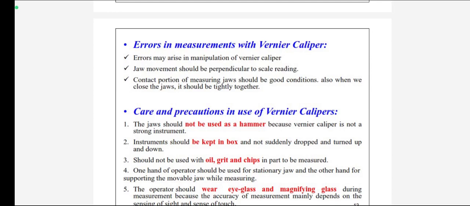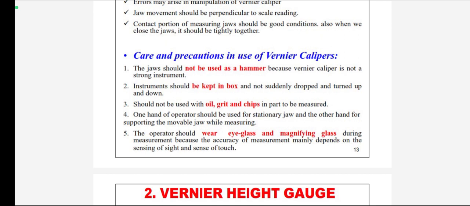Now the care and precautions in use of vernier calipers. The jaws should not be used as a hammer, because the vernier caliper is not a strong instrument. The instrument should be kept in a box and not suddenly dropped or turned up and down. It should not be used with oil, grit or chips on the part to be measured.